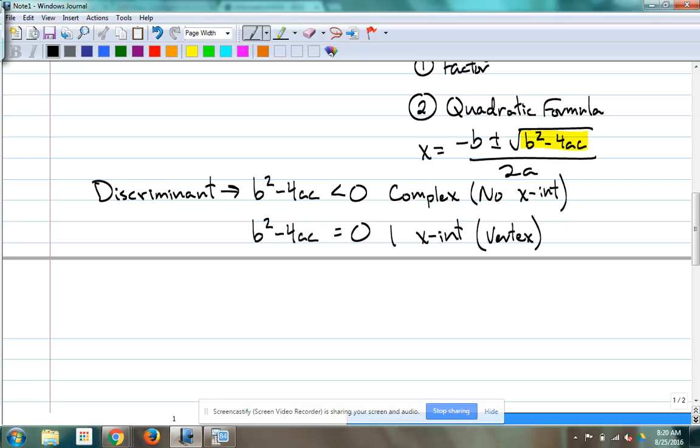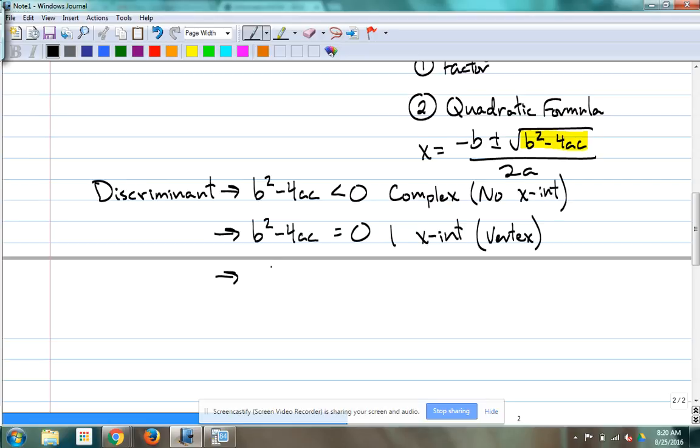That's always going to be the case. And then if you work out b squared minus 4ac, and the other option is it's greater than 0, you'll have two x-intercepts. So if you get a positive number there, you'll have two of them.